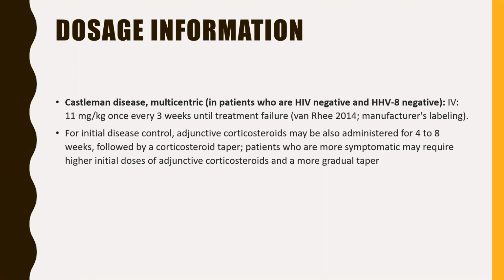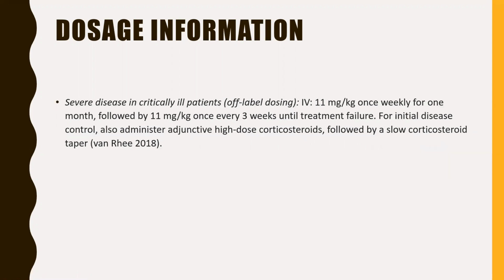Patients who are symptomatic may require higher initial doses of adjunctive corticosteroids and a more gradual taper. Adjunction with corticosteroids is because we know already that corticosteroids are drugs that weaken the immune system. So they are useful in treating people with certain immune system diseases, such as Castleman's disease, and cancers that develop from the immune system cells.